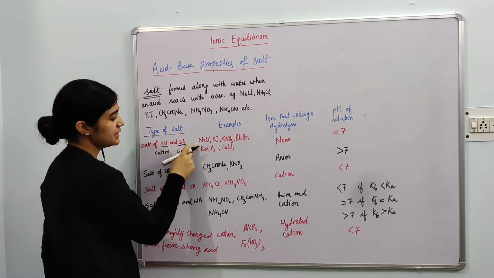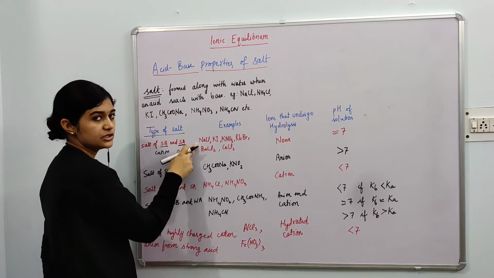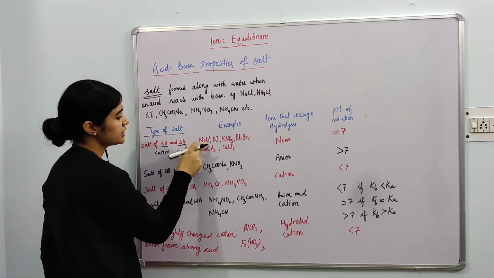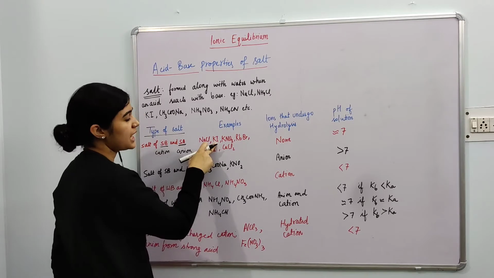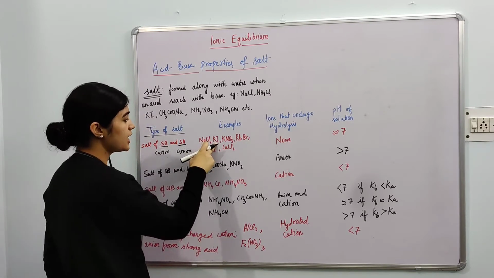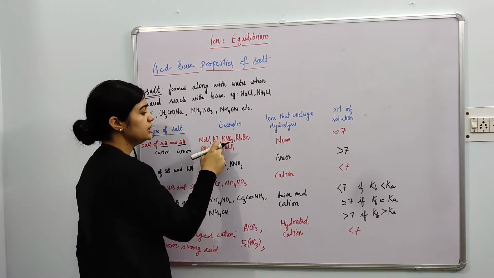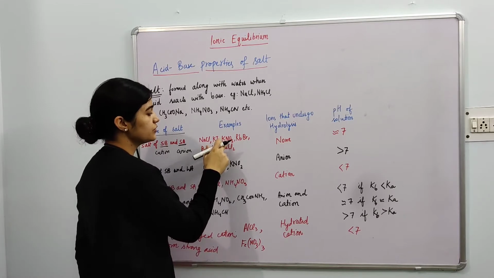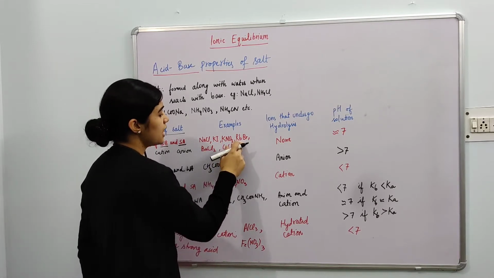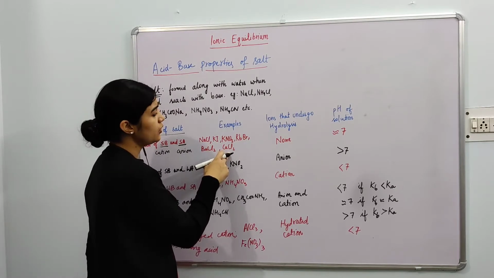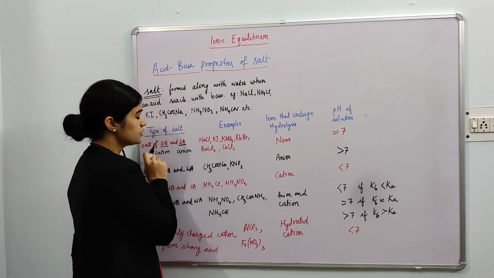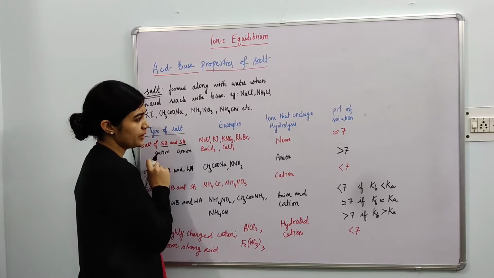Examples are NaCl, which is formed by the reaction of NaOH and HCl; KI, similarly KOH reacts with HI; KNO3, so KOH reacts with HNO3; RbBr, BaCl2, CaCl2. All these are examples of salts of strong acid and strong base.